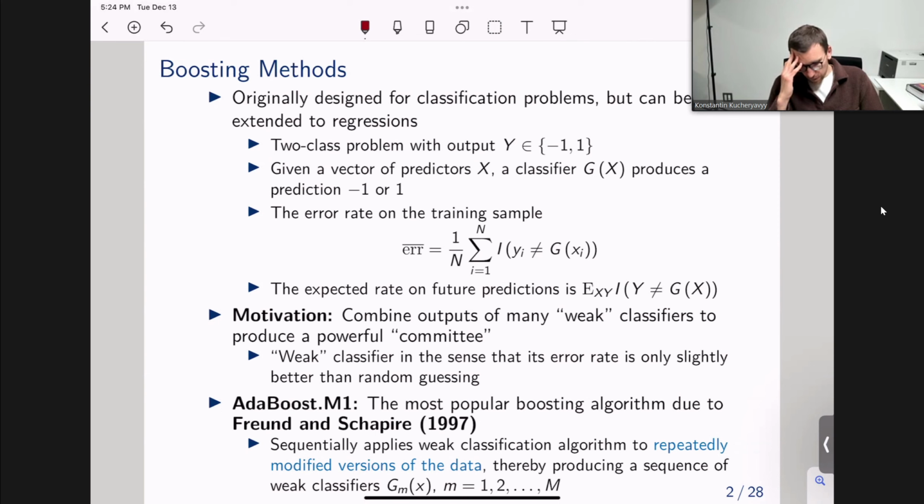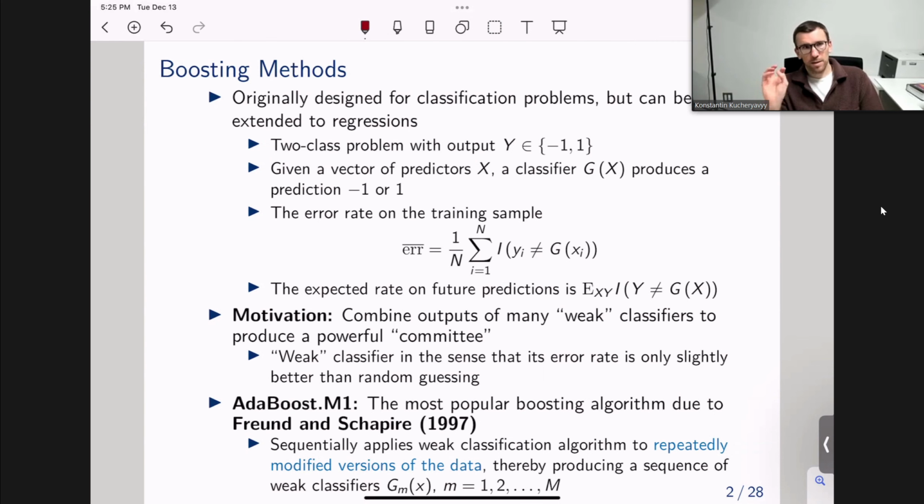And there was an important result at the time that if you have a series of classifiers that are slightly better than random chance, then you can always combine them to produce one strong classifier with the needed level of precision. And vice versa.